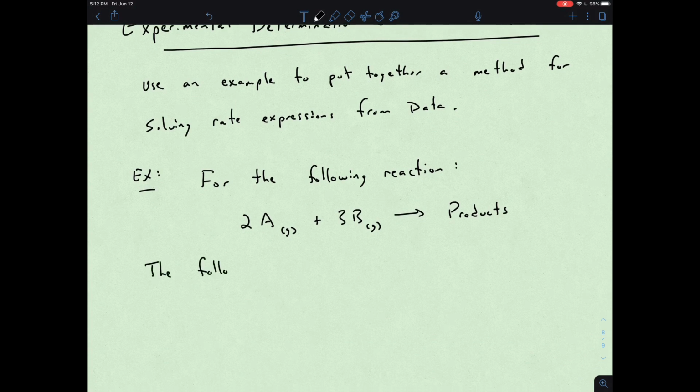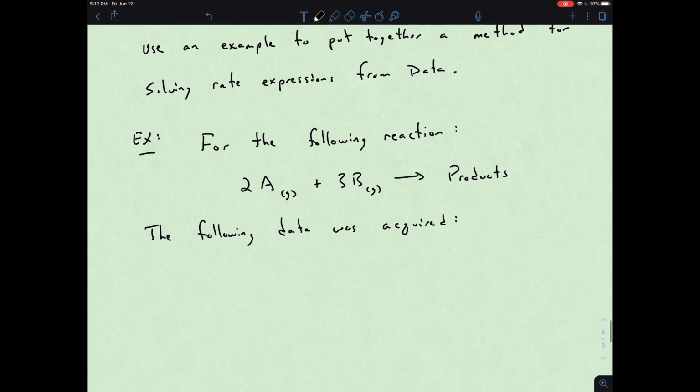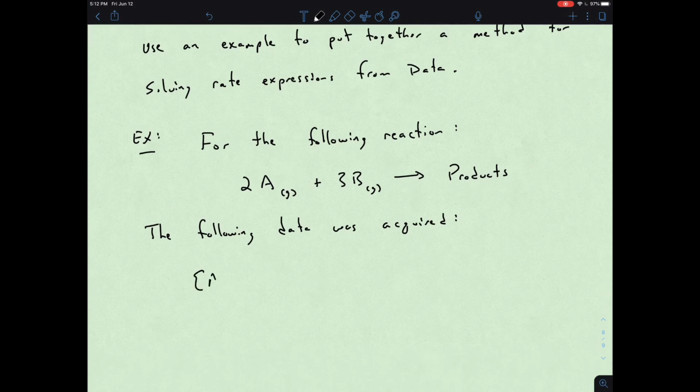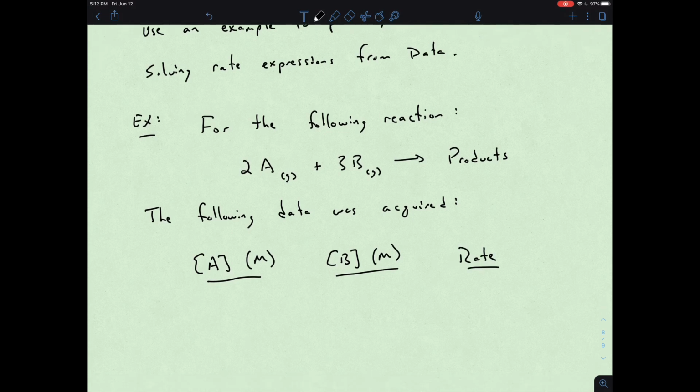The following data was acquired. Here we have our concentration of A, in terms of molarity, our concentration of B, also in terms of molarity, and then just our general rate. We have a number of different trials.